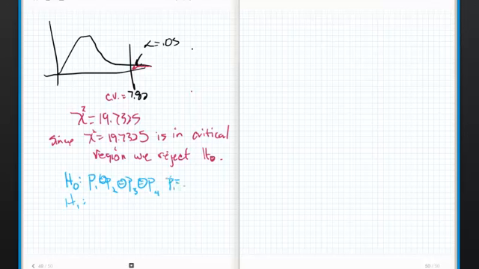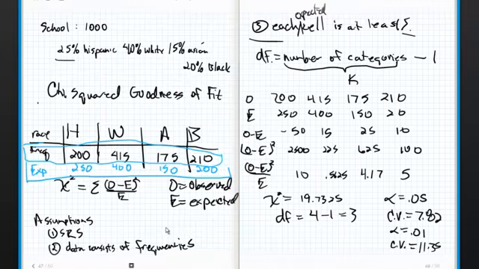P1 is equal to 40% or 0.4. P2 is equal to, I forget what it was. Let's look. It's 0.25, 0.4, 0.15, 0.2.